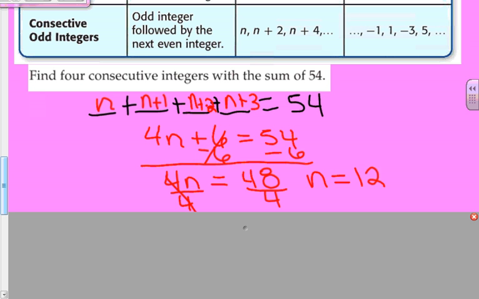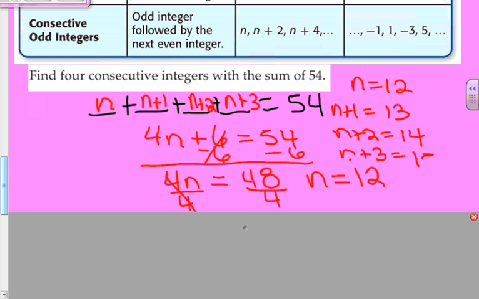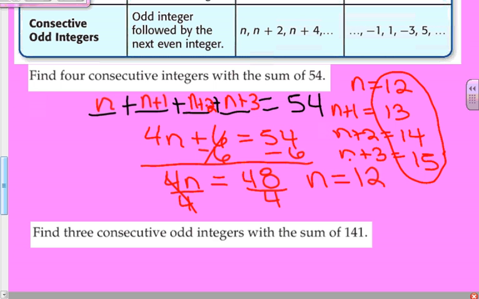So if n is 12, n plus 1 would be 13. N plus 2 would be 14. That would be 12 plus 2 is 14. And n plus 3, 12 plus 3 would be 15. Here are your 4 consecutive integers. 12, 13, 14, 15. Now we're going to do it one more time, this time with consecutive odd integers.